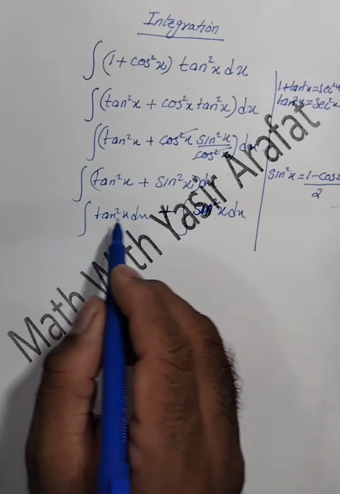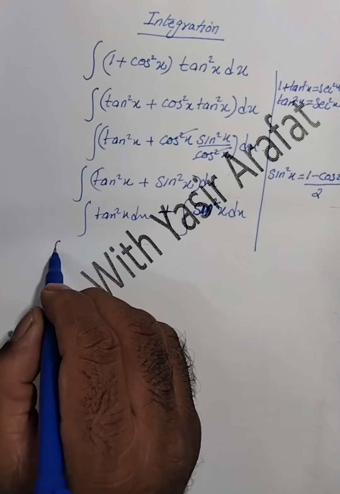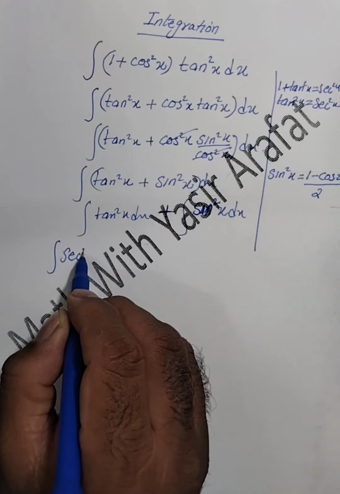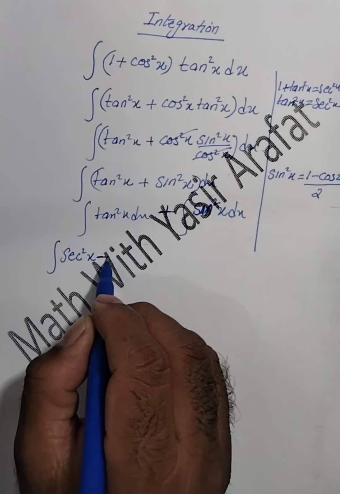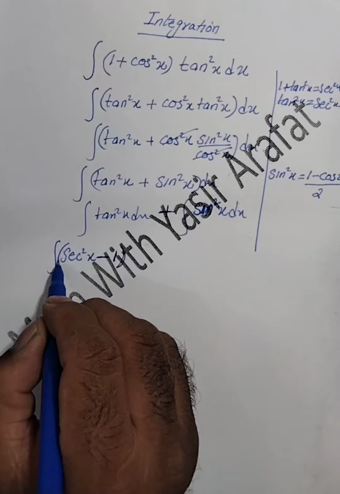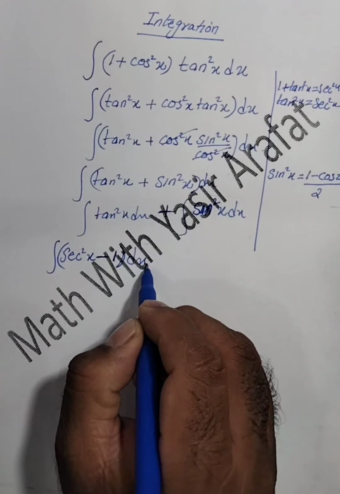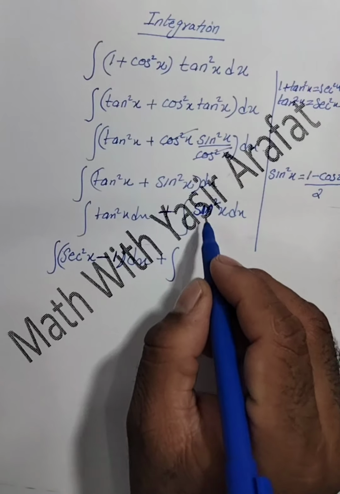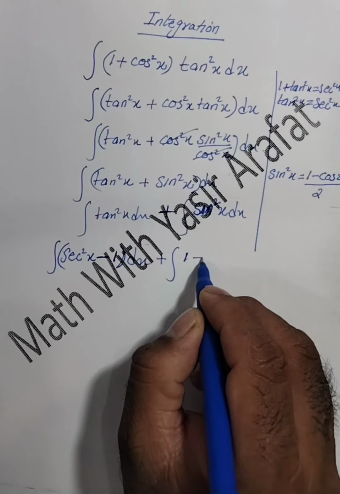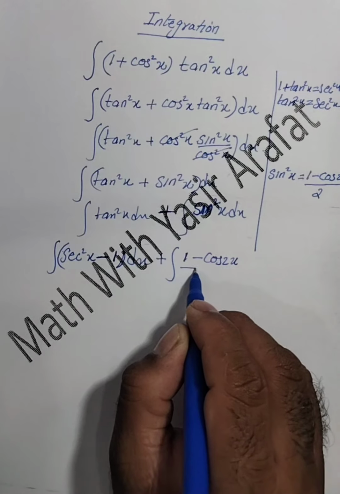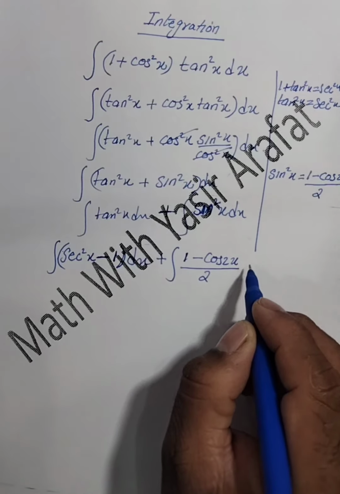Now we have to put these values. This is tan²x, which equals sec²x minus 1, and this is sin²x, which equals 1 minus cos 2x over 2, dx.